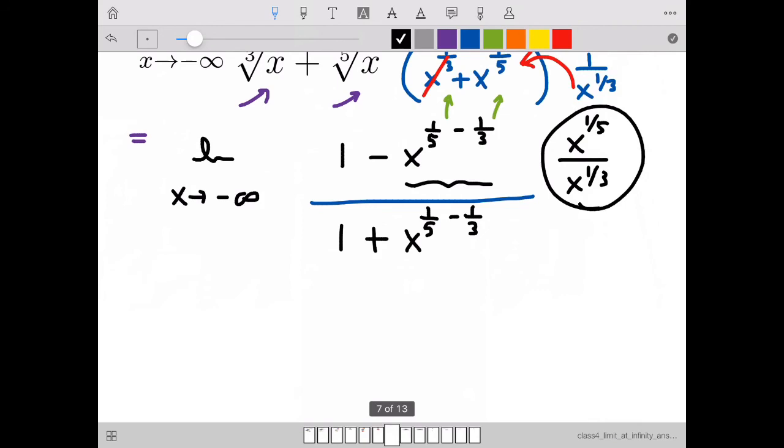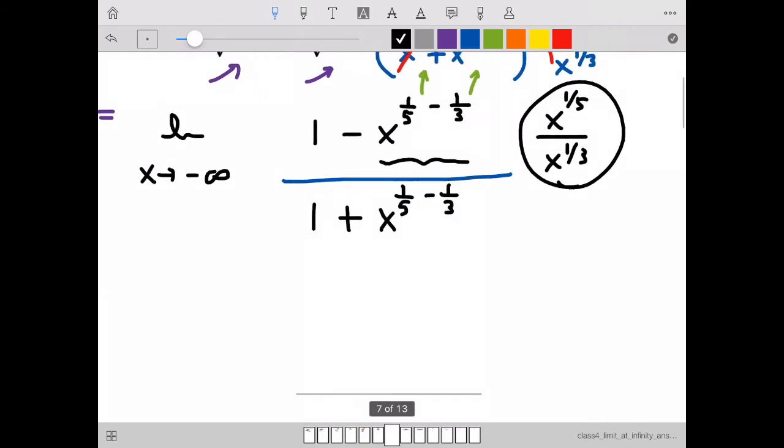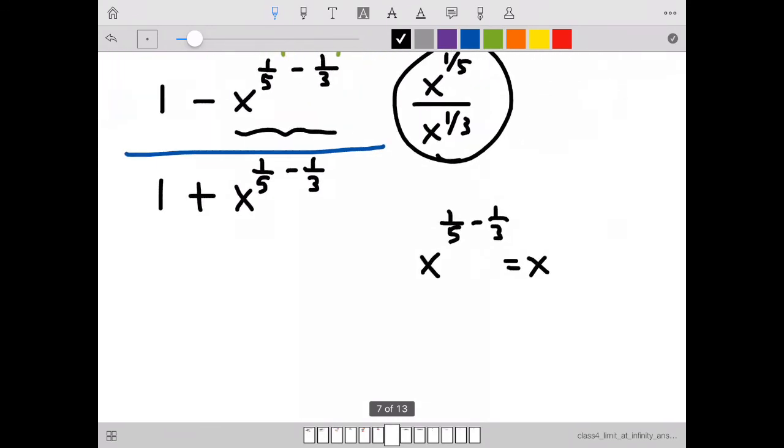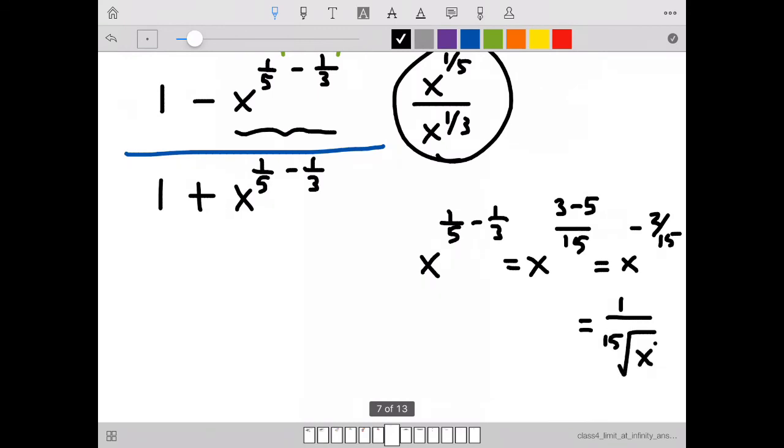So far so good. And what is x to the 1/5 minus 1/3? It is x to the 3 minus 5 over 15. So x to the minus 2 over 15, which is 1 over 15th root of x squared.